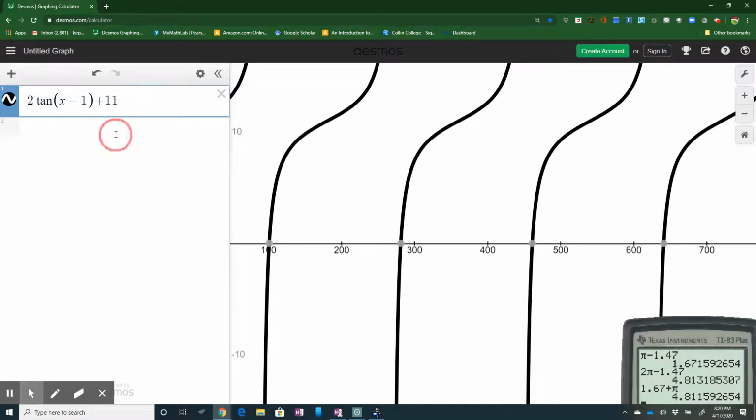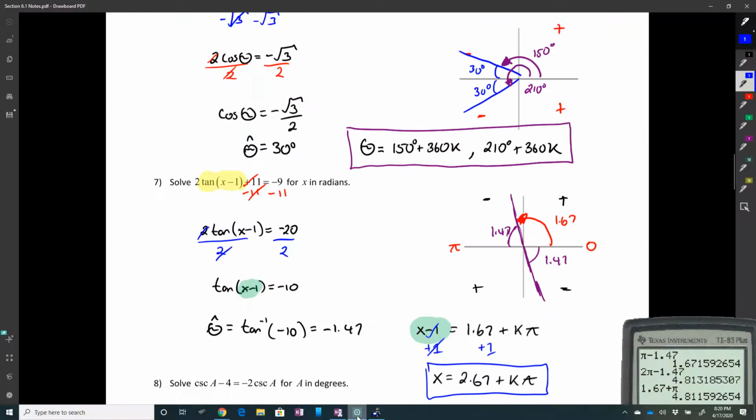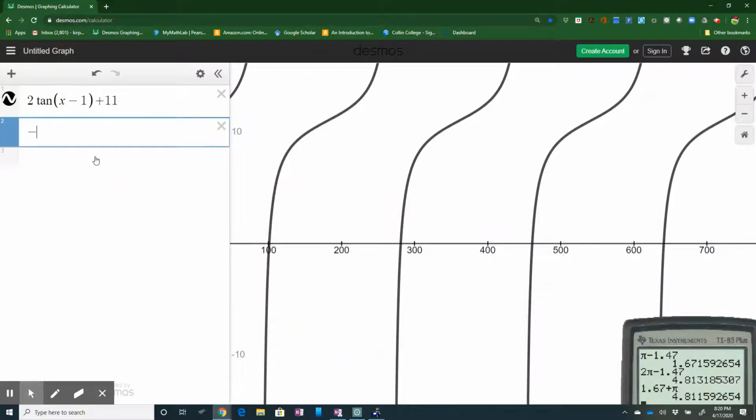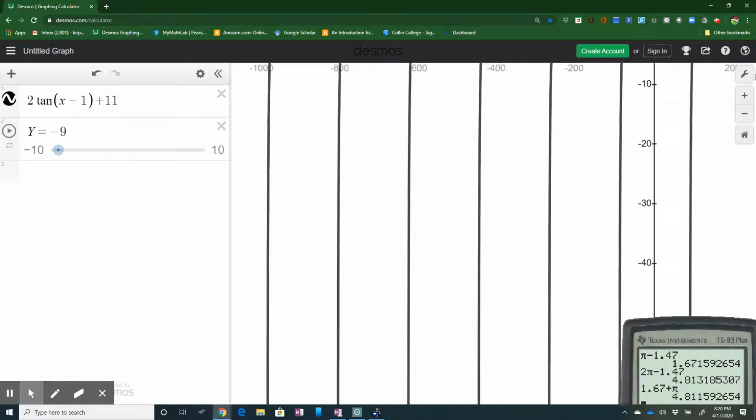And then we would say that that's equal to what? Was it negative 9? I already forgot. Yeah. That's y equals, and this is in radians.